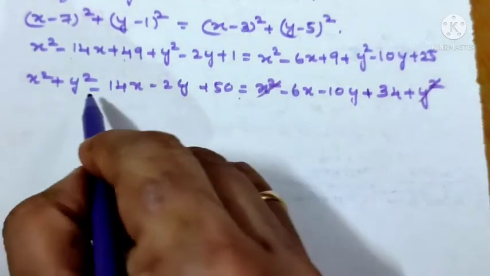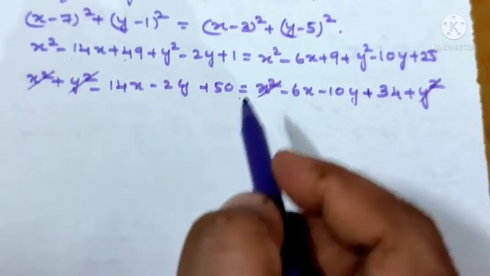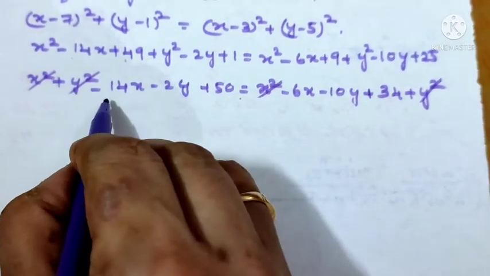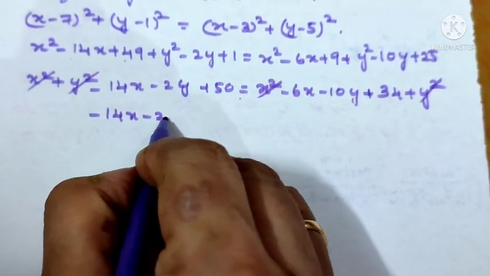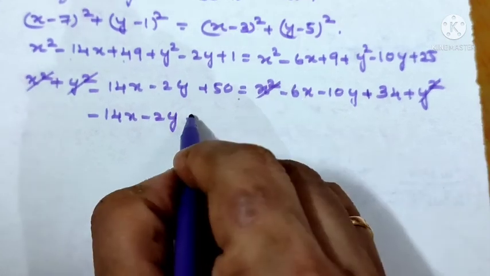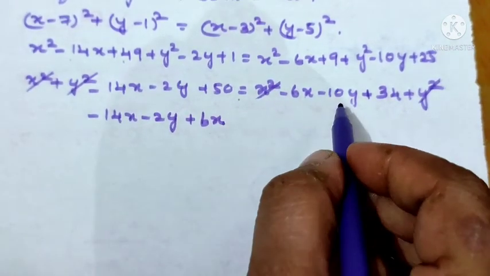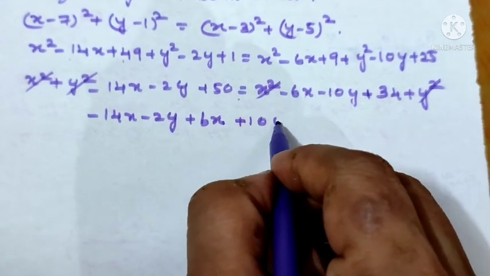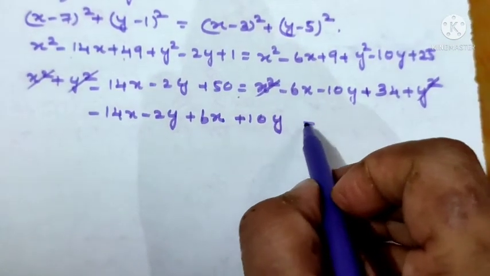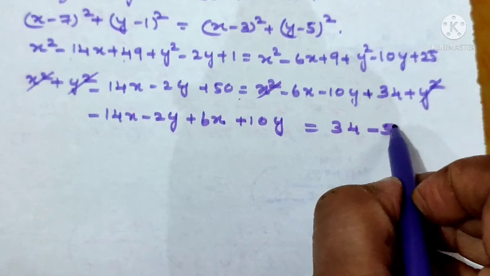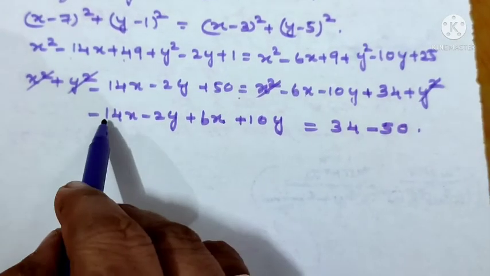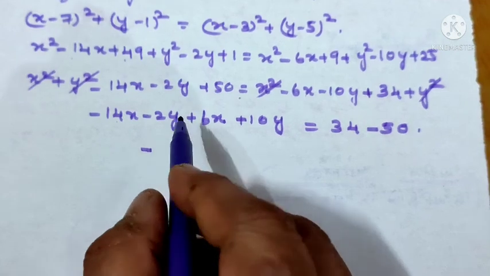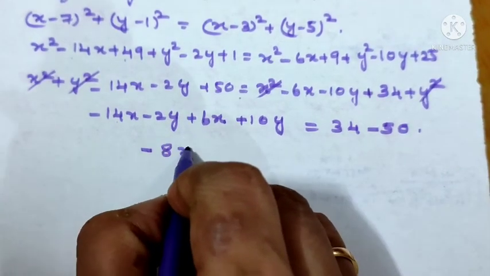If you compare, x square and y square get cancelled. Now what are the remaining terms? Minus 14x minus 2y. Here minus 6x is there, so plus 6x, minus 10y is there, so we are bringing to this side, it is plus 10y, equal to 34 minus 50. So minus 14x plus 6x, it is equal to 8x with a minus sign.